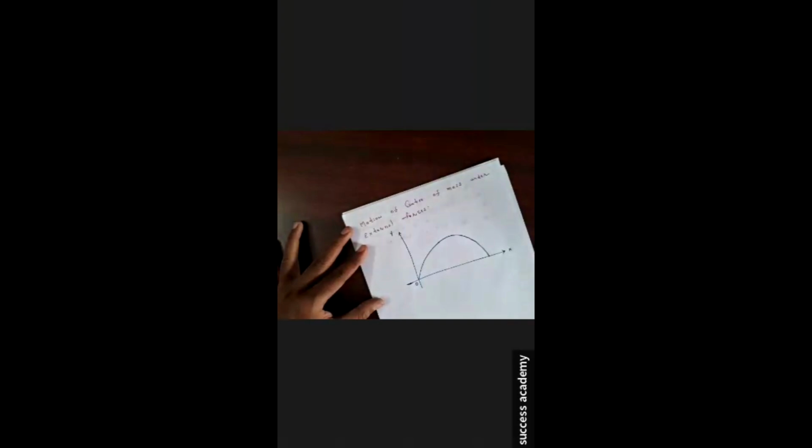In this, observe carefully. Actually, this is the concept. At the highest point, what happens? That bomb explodes into two pieces.